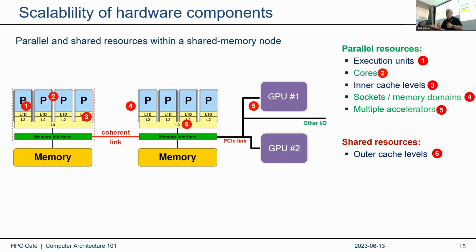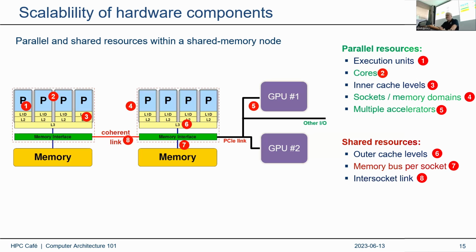It will not give you the amount of data that you actually need. Of course, the prevalent bottleneck is the memory bus. Okay, I've shown you an example. If you have a memory bound program, and many solvers in linear algebra are memory bound, then, well, you cannot scale across the cores in a memory domain or in a socket because it's just not designed for this kind of workload.